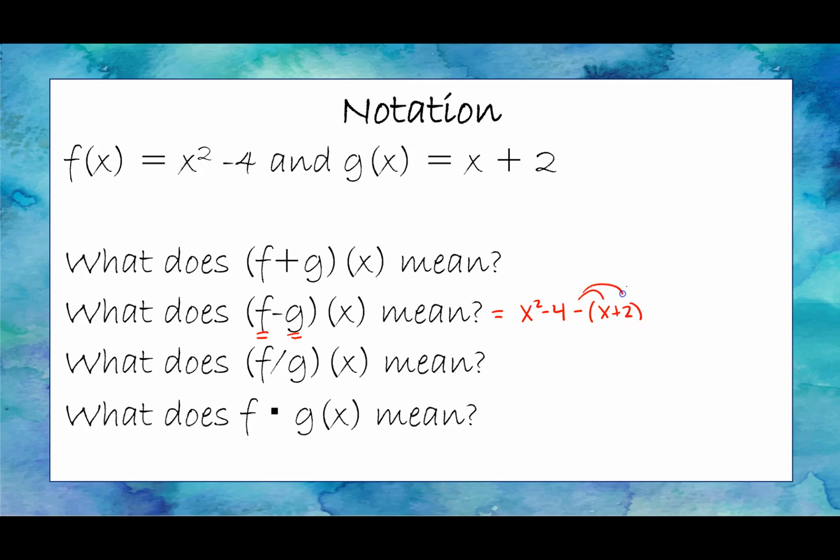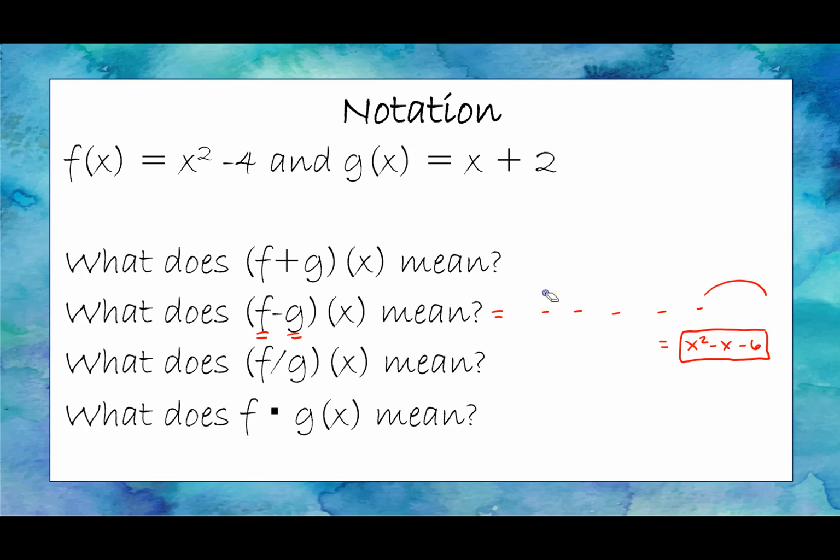So distributing that negative, we're going to have x squared minus 4 minus x minus 2, which is going to be equal to an x squared minus x, and then combining my minus 4 minus 2, I get a negative 6. So this x squared minus x minus 6 is equal to the f minus g of x. And so you should be getting a hang of this.